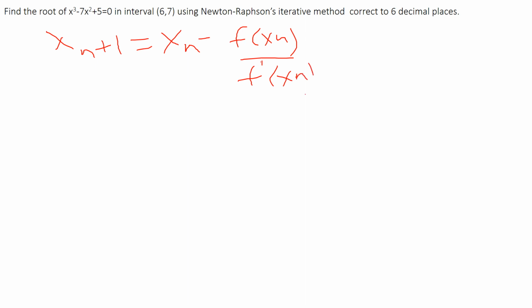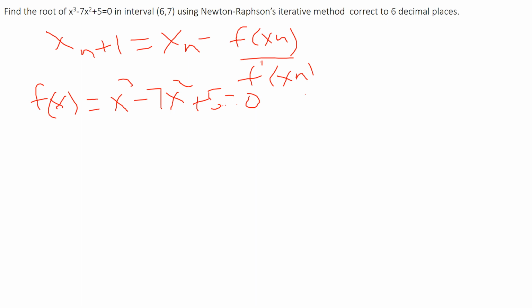So in our case here, our function f(x) is equal to x cubed, then minus 7x squared, then plus 5, is equal to 0.